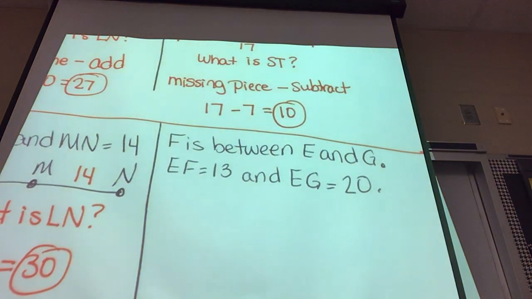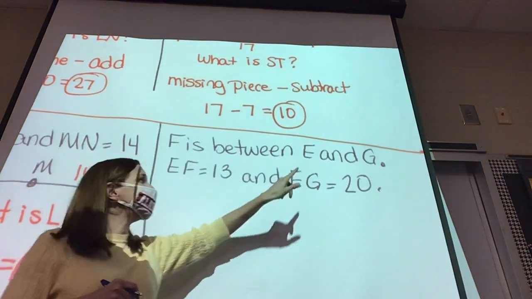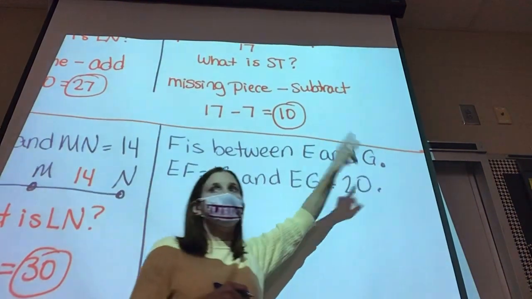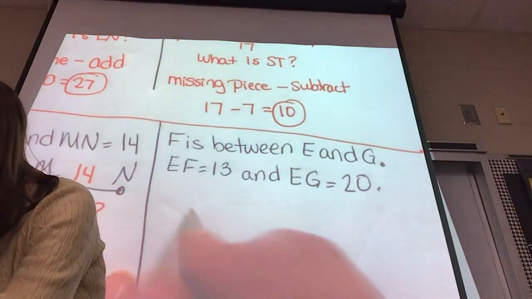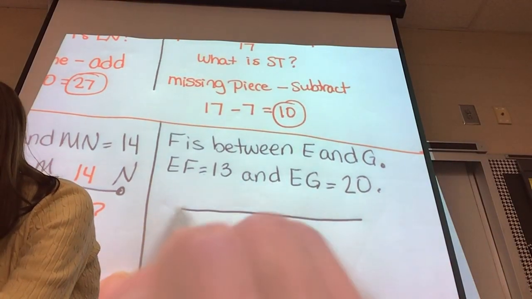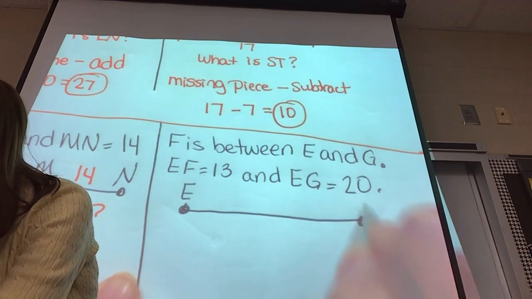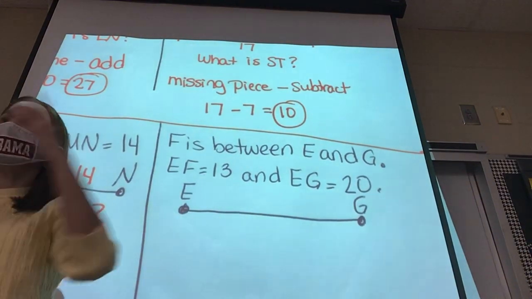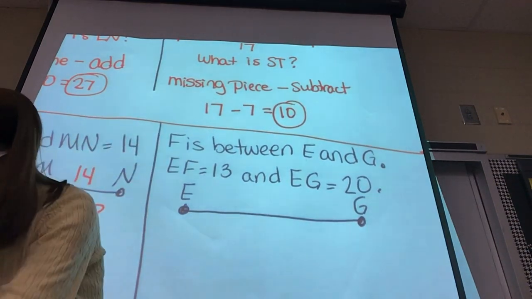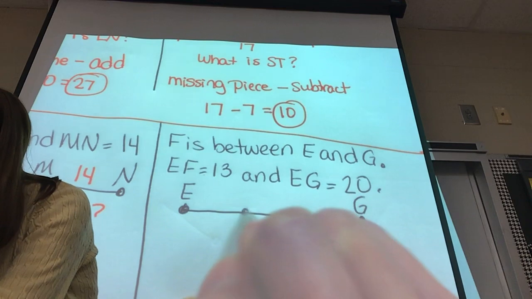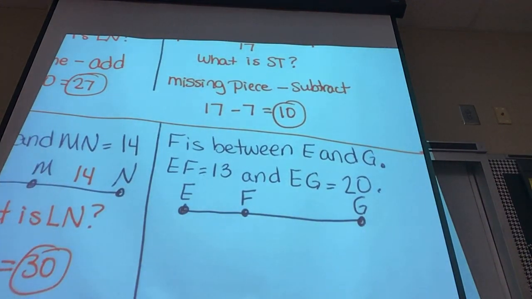E and G. F is going to be between those. So that means it's going to start at E, it's going to end at G, and F is going to be somewhere in between. So you should be able to draw a line that starts at E, ends at G, and F, well, if they don't draw it for you, you put F wherever you want to put F. If I want to put F down here, I'll put F down here. They don't tell me exactly where it's got to go. They just said it's somewhere between.